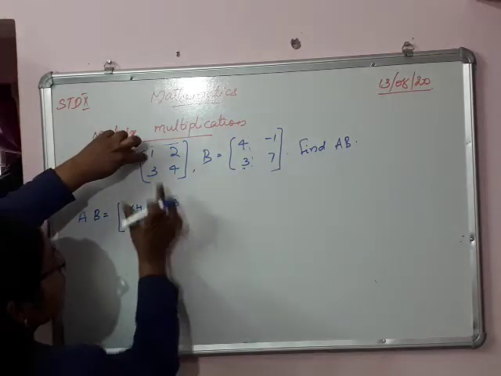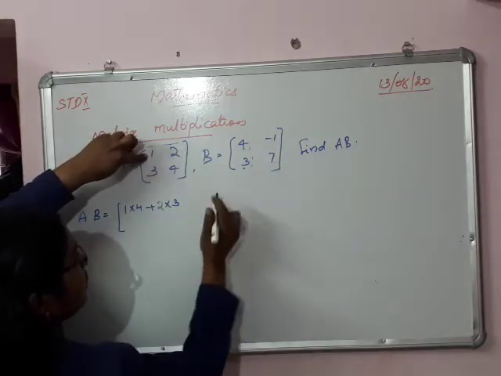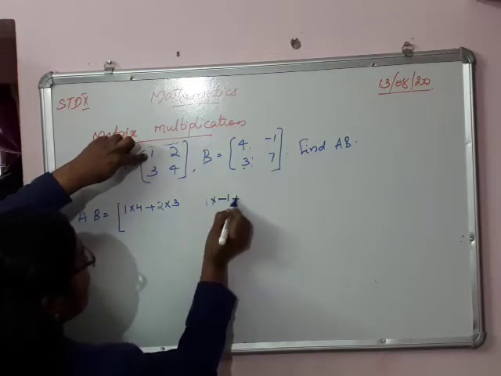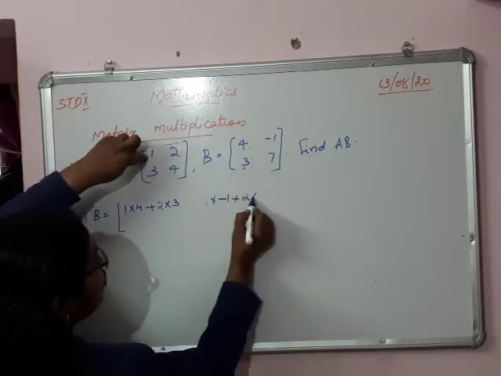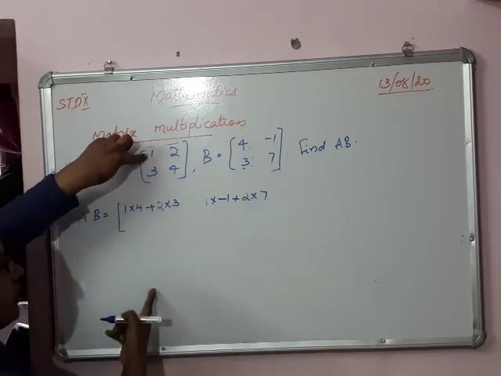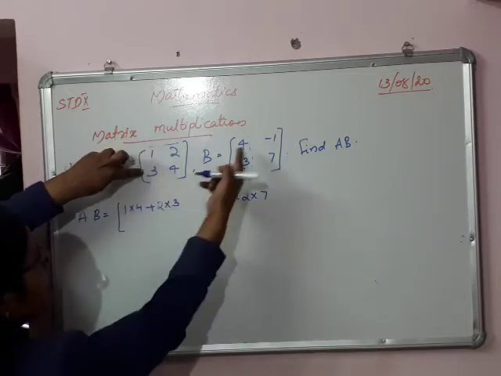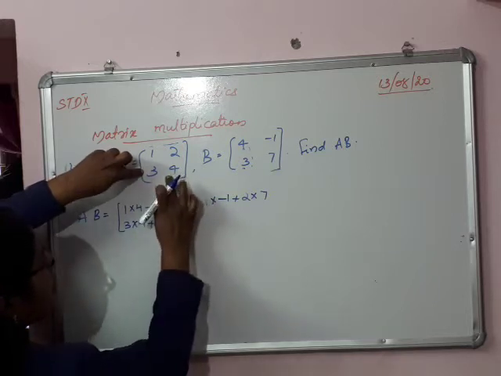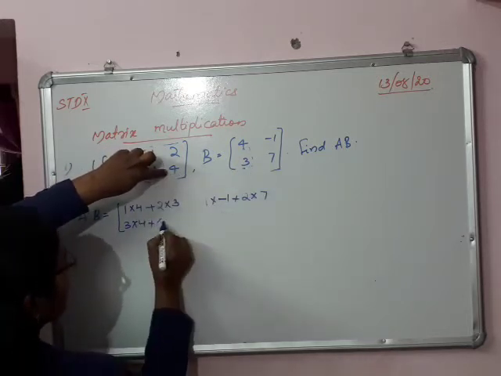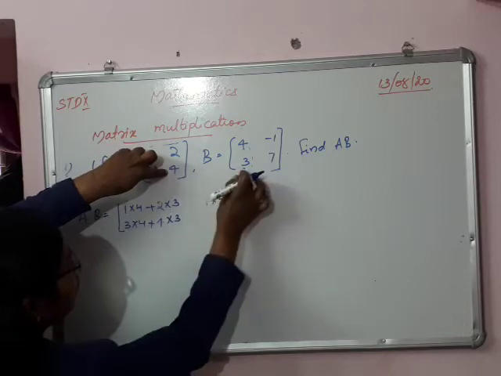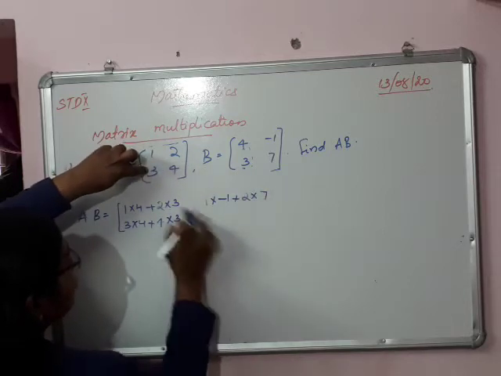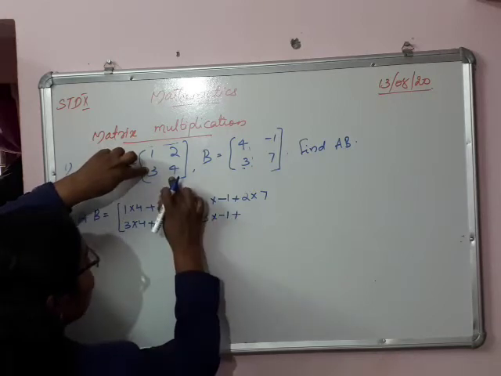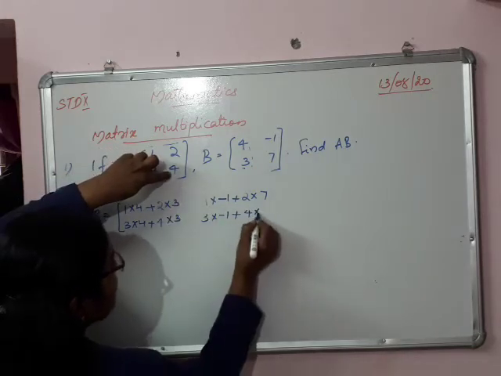Similarly, first row, second column: that is 1 into minus 1 plus 2 into 7. Then 3 into 4 plus 4 into 3. Similarly, 3 into minus 1 plus 4 into 7.